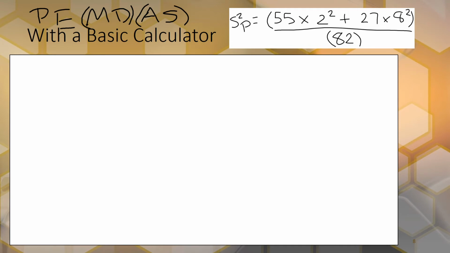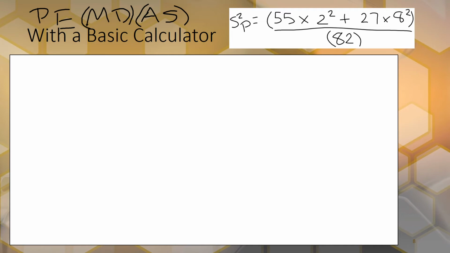So first we want to do what's within the parentheses, and we have two parentheses, but the 82 is already simplified all the way. Don't have to do anything with that. So we're going to focus on the top of the fraction here. Inside the parentheses, there's no other parentheses. So now we're going to do exponents.